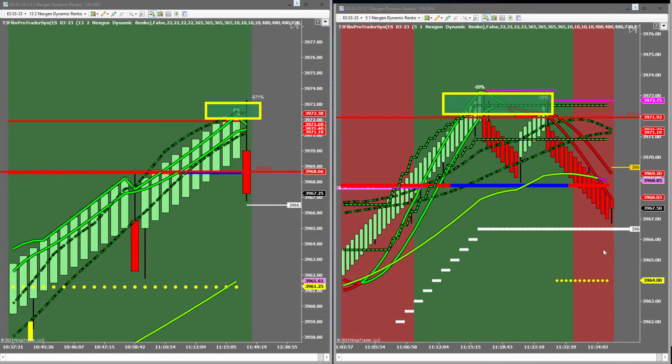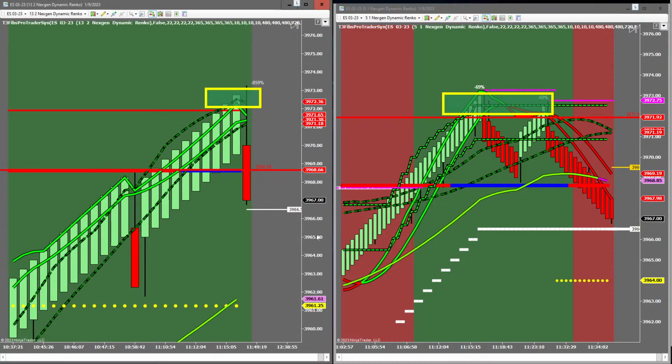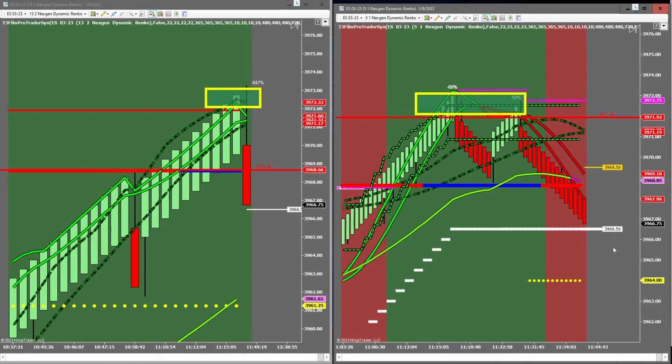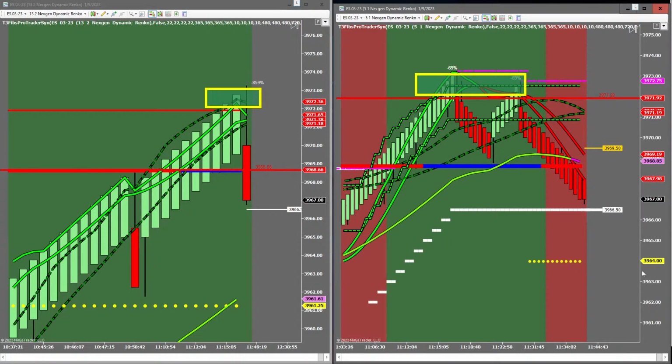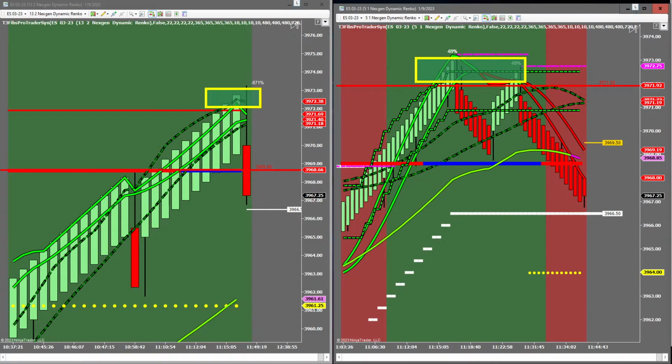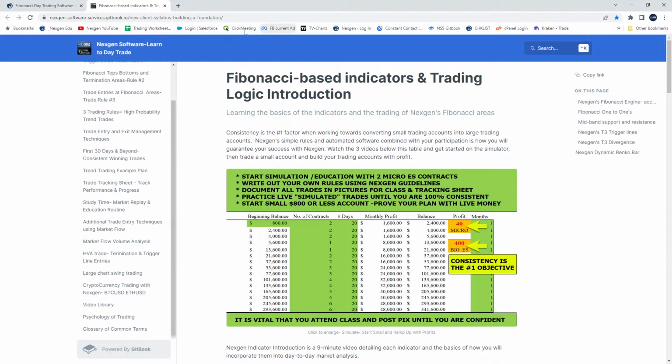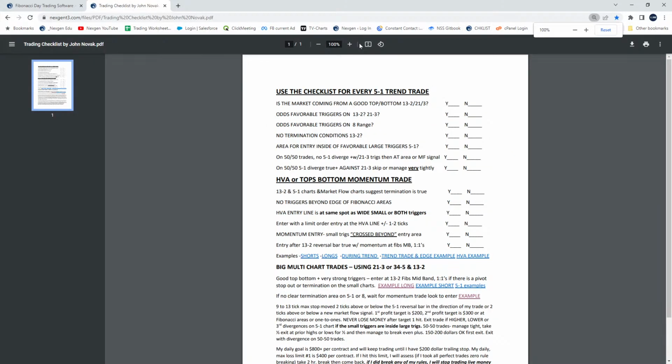What are my rules? Let's just say we're not in a strong trend up anymore and it's over. What are my rules? Divergences from the edge of fibs on all charts. Check. What's my other rule? Do you remember?